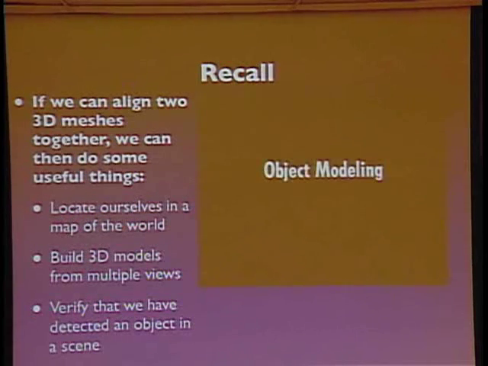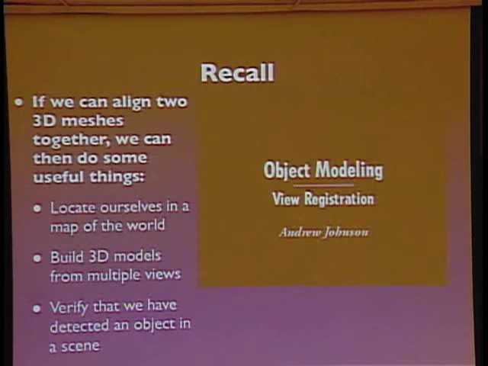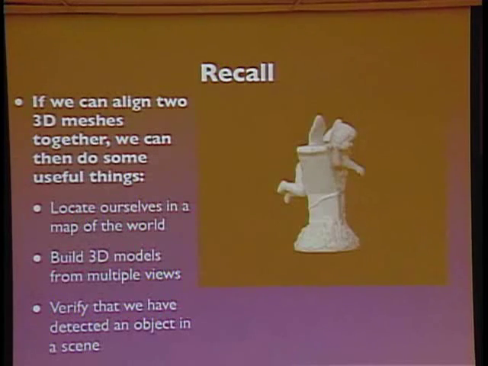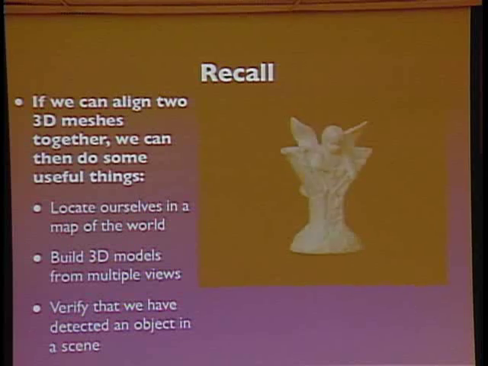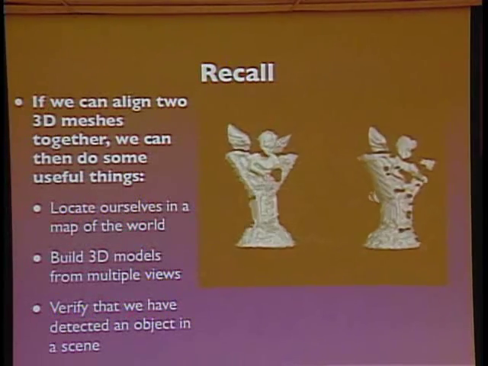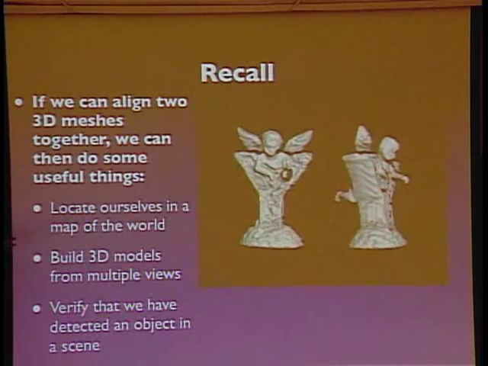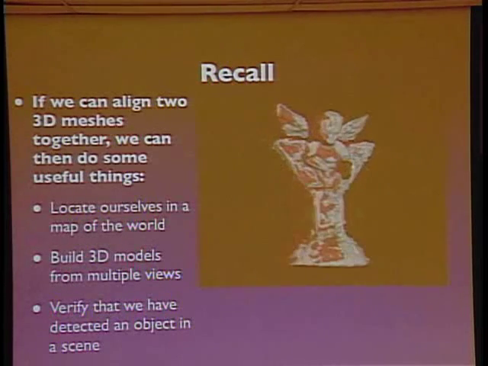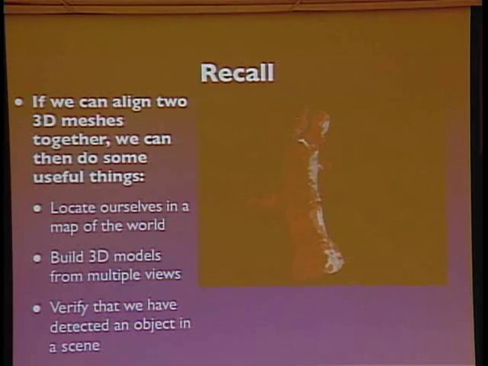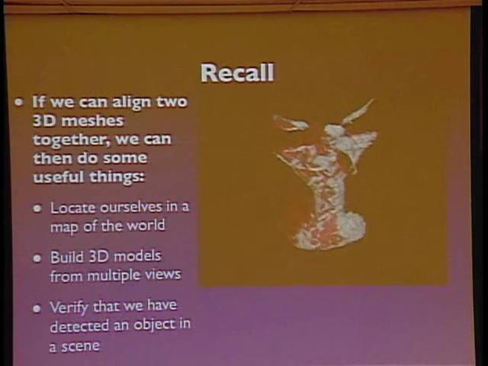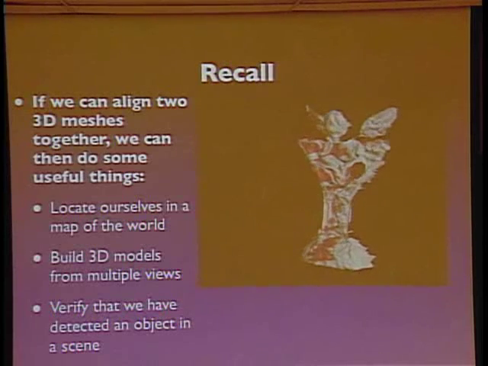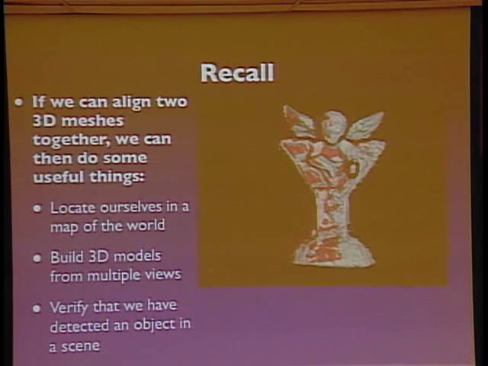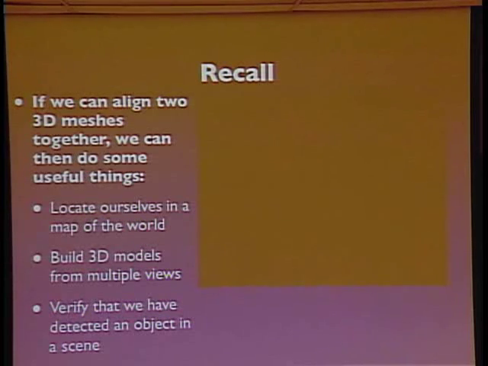If you recall, I told you a couple of days ago that if you can align 3D meshes together, you can do some useful things like locate yourselves in a map of the world, especially in a world where there's no GPS. You can take multiple scans of the same object, like this one, and align them together to build 3D models from multiple views. And then we can do this other thing that I described, which is to verify that we have actually detected the correct object that we think we have detected in a scene by aligning a 3D model to a scan of a scene.